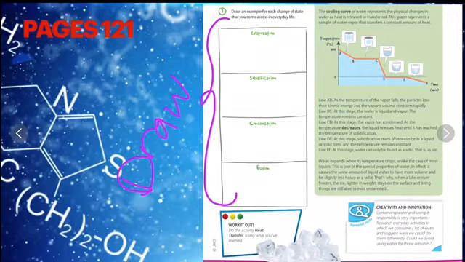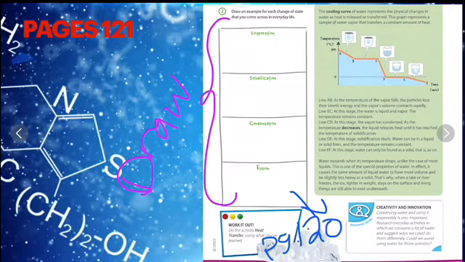Help yourself with page 120, and this information you will find there. On page 120, you will find what is evaporation, what is solidification, what is condensation, and what is fusion.